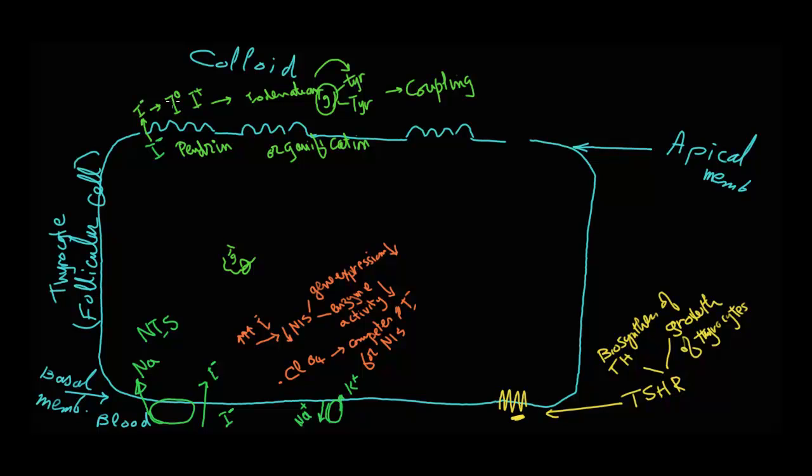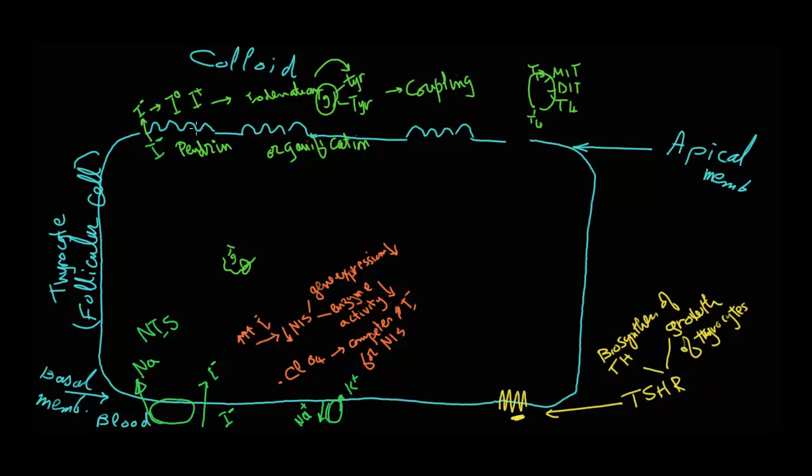Iodide undergoes oxidation, which means loss of electrons, in order to prepare it for the second step, which is the iodination of the thyrosyl residues on thyroglobulin. And this is a covalent bonding between the thyrosyl residues and the iodine. Then coupling takes place. Coupling means linking pairs of iodotyrosines within the thyroglobulin.